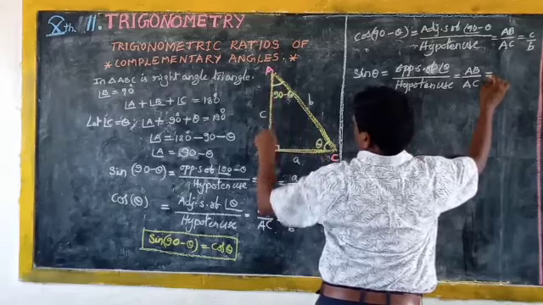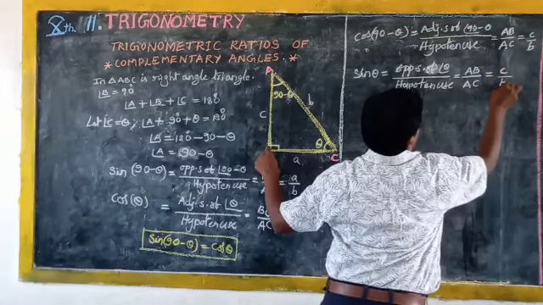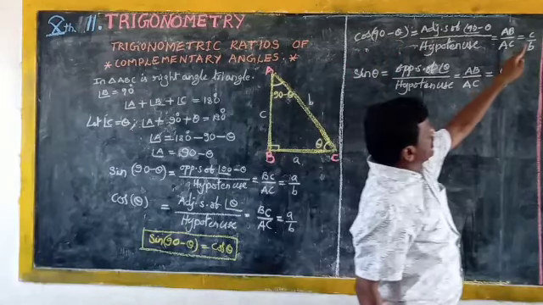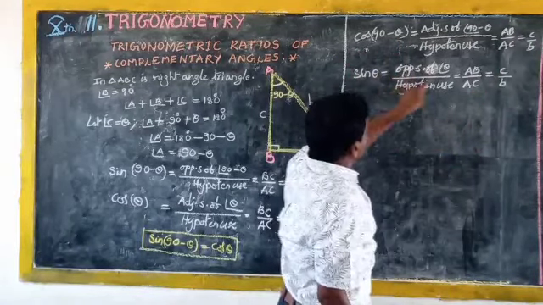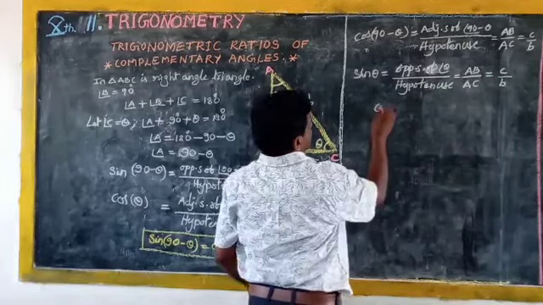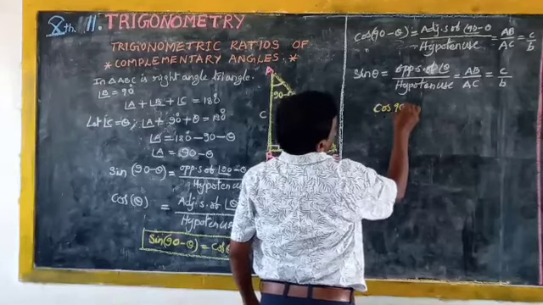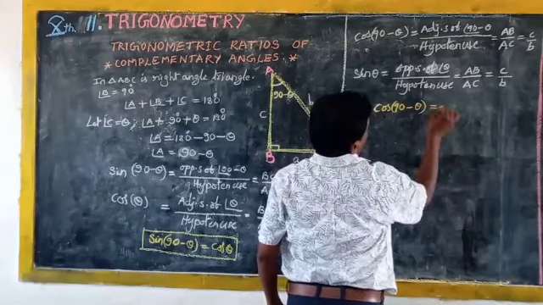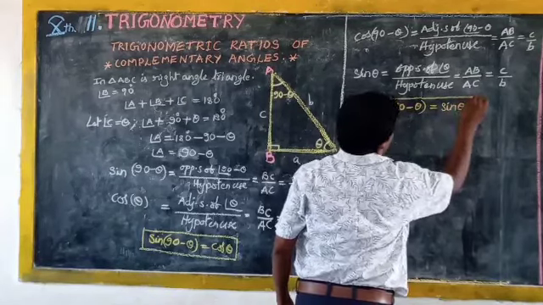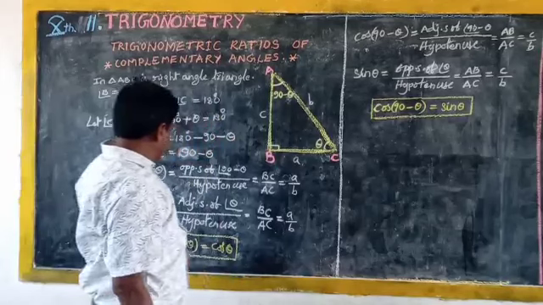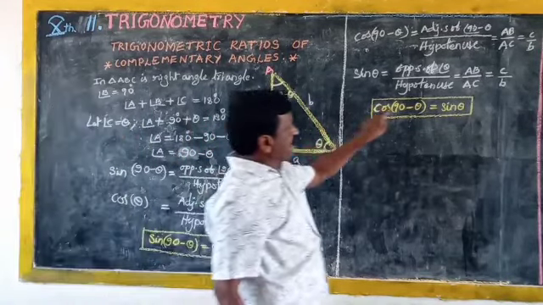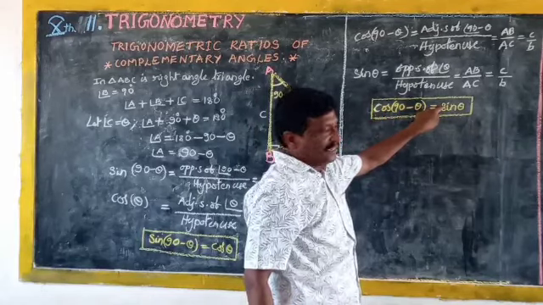AB is equal to c, AC is equal to b. So sin theta is c by b, and cos 90 minus theta is equal to c by b. So cos 90 minus theta is equal to sin theta. Sin 90 minus theta is equal to cos theta. Cos 90 minus theta is equal to sin theta.